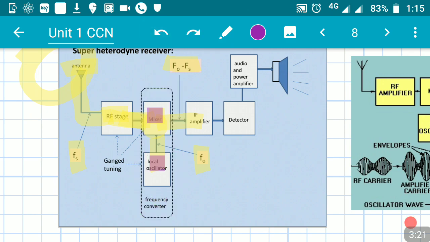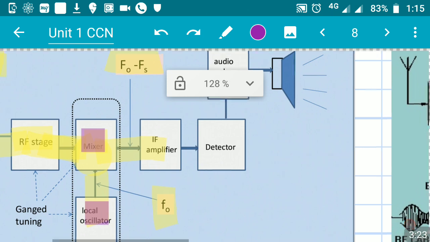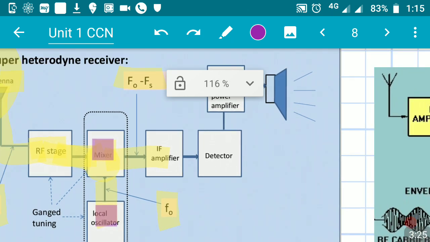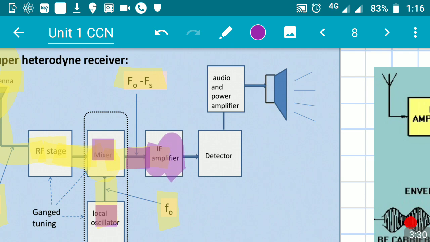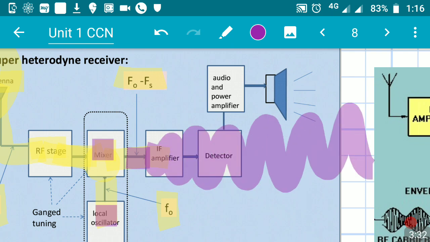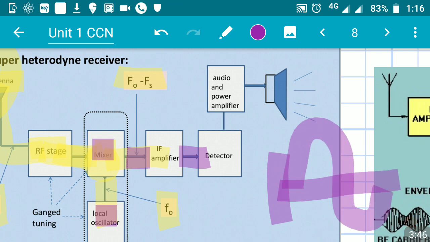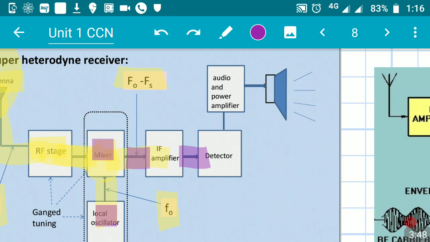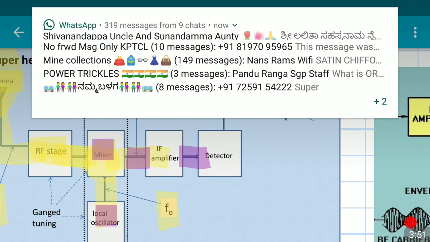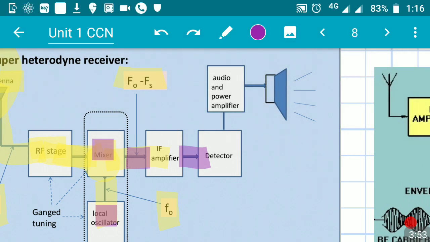Then coming to the intermediate frequency amplifier, its function is very simple. The intermediate frequency that is generated is amplified by the intermediate frequency amplifier. Then the signals go to the detector. The function of the detector is to recover the original information signal from the modulated signal, discarding the carrier signal.